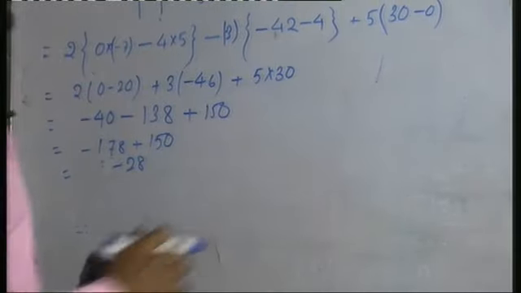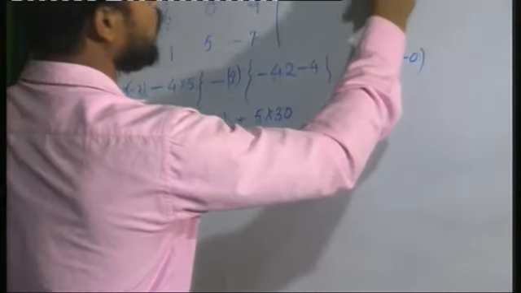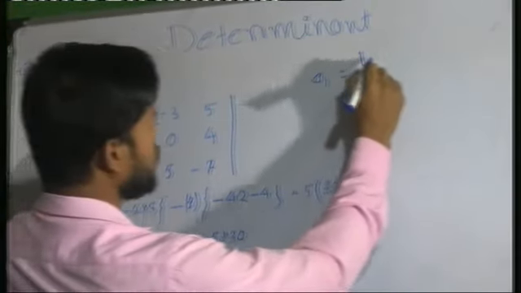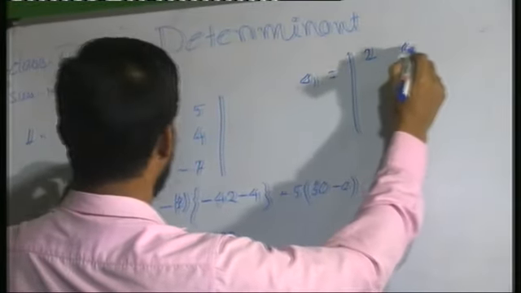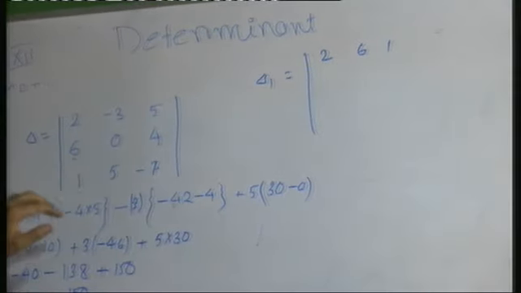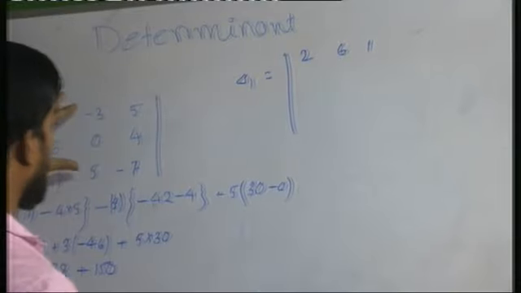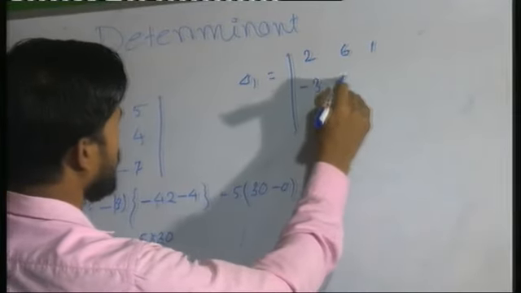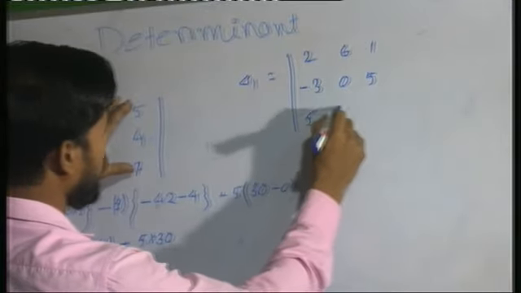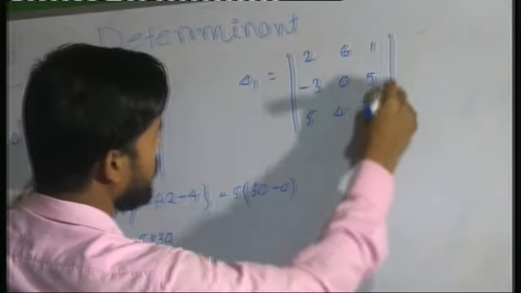Now if we take another determinant, suppose delta 1, by changing the rows and columns, meaning 2, 6, 1, we are writing the first column as the first row of the other determinant, and minus 3, 0, 5 and 5, 4, 7.